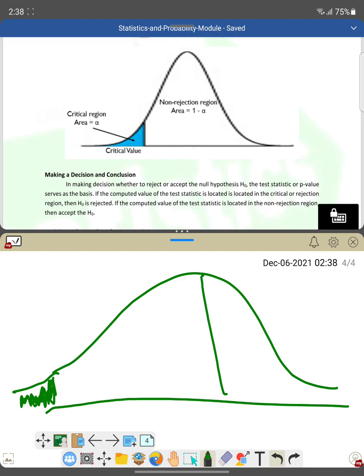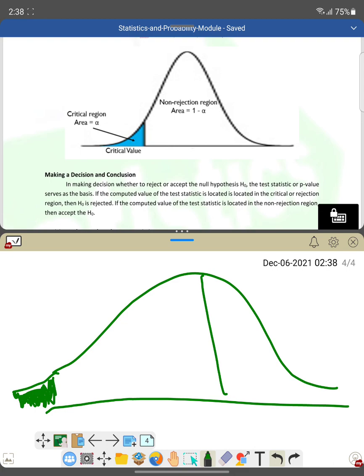Next, in making a decision or conclusion, we base it on where the computed value is located. For example, if we are using the left-tailed test or lower-tailed test, and the value belongs to the rejection region, then we will reject the null hypothesis.